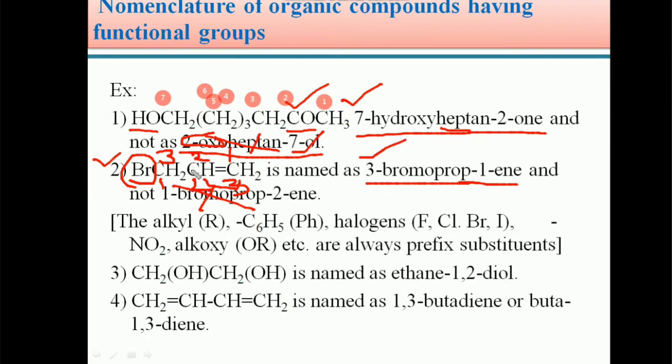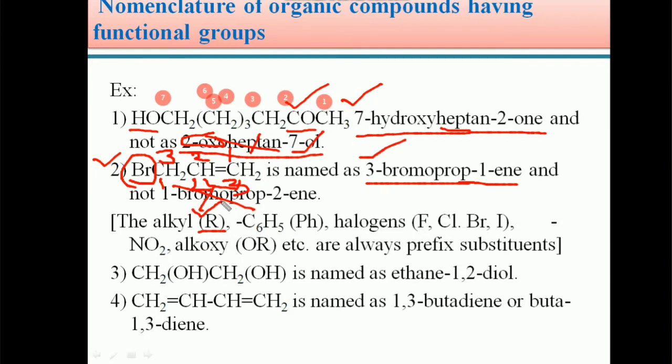So students, in the functional group priority order, we have not mentioned some substituents or some groups of atoms. What are those? We can see the alkyl group R. Alkyl group means methyl, ethyl, propyl, butyl, pentyl, isobutyl, neopentyl, whatever it may be.